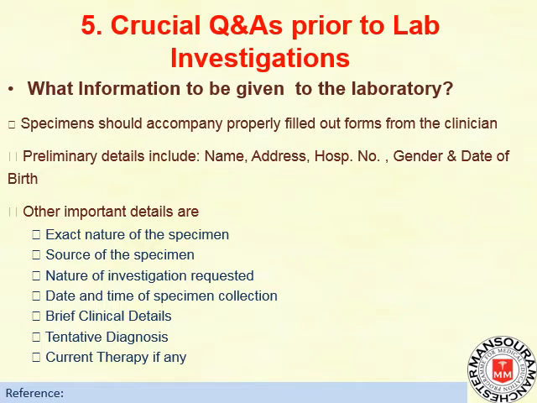Other important details include the nature of the specimen, the source of the specimen, exactly the investigation requested, the time and date of specimen collection, and a brief summary of the clinical details, including a tentative diagnosis, like my differential diagnosis as a clinician. The current therapy, if the patient is receiving any therapy that may affect the result, should be listed with the sample.